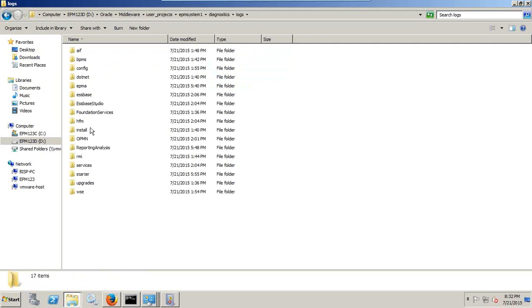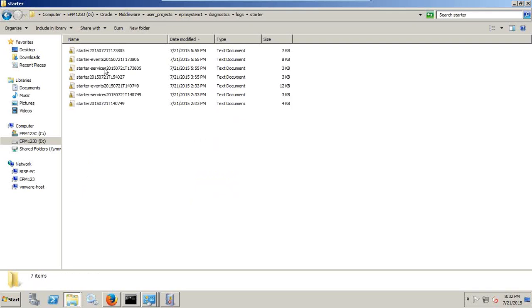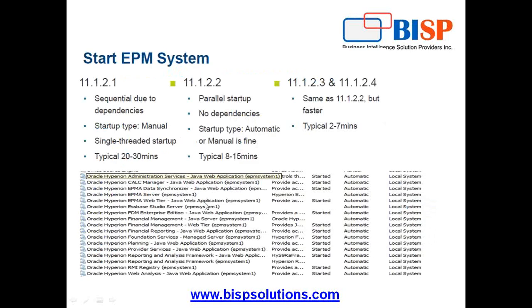This is where I need to look at the Essbase log. One more log I forgot to mention: you need to refer to the starter log. So the last time I started my application, the log information is captured over here. So that's product specific logging.